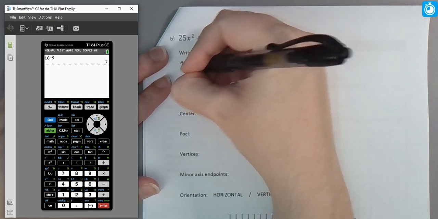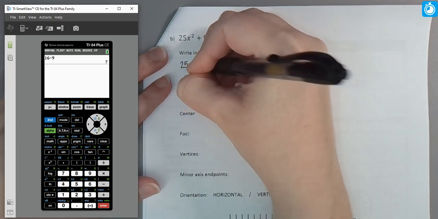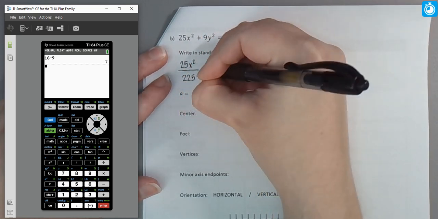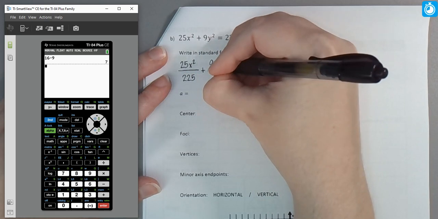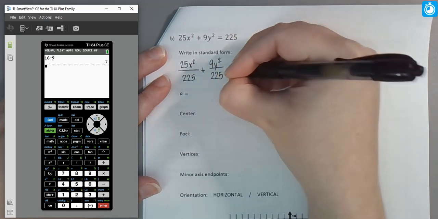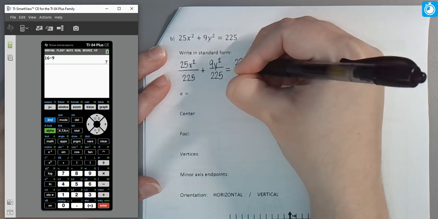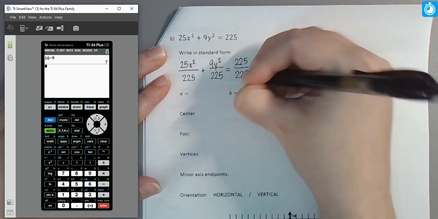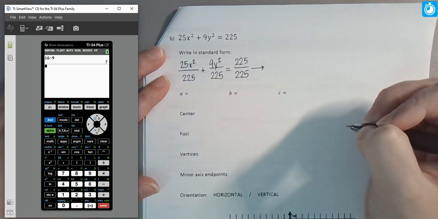So I'm going to take each term in my equation, and I'm going to divide it by that number that's currently on the right-hand side, the 225. What we're going to find is that things reduce pretty well based on this division.